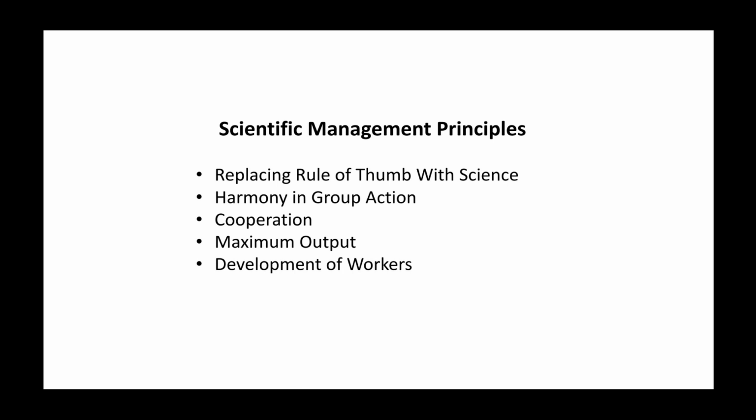And we have another important principle in scientific management, which is harmony in group action. Whenever we are working in an industry or in a factory, group harmony suggests that there should be a mutual give and take situation and proper understanding, so that the groups as a whole contribute to the maximum. That is very, very important. As an individual you are contributing, good.